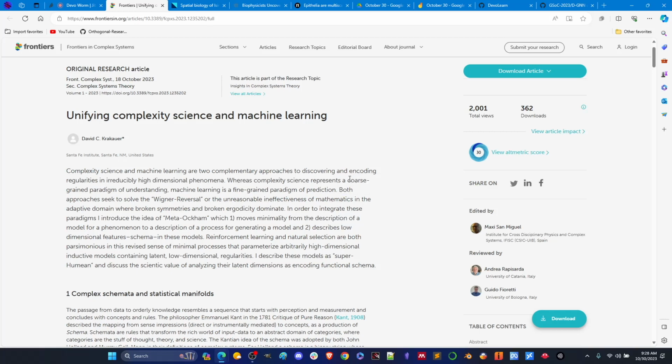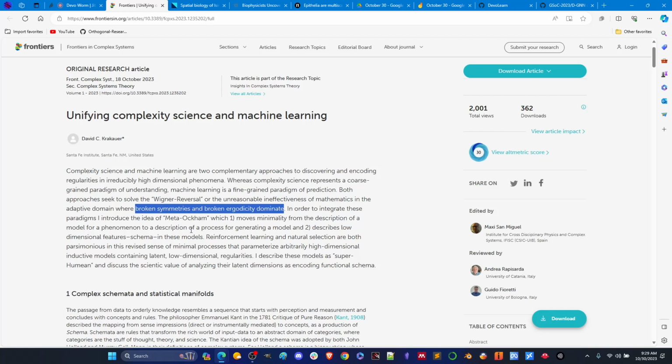Whereas complexity science represents a coarse-grained paradigm of understanding, machine learning is a fine-grained paradigm of prediction. Both approaches seek to solve the Wigner reversal, or the unreasonable effectiveness of mathematics in the adaptive domain, where broken symmetries and broken ergodicity dominate.